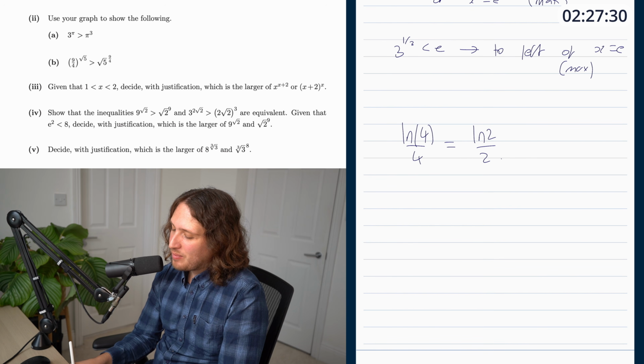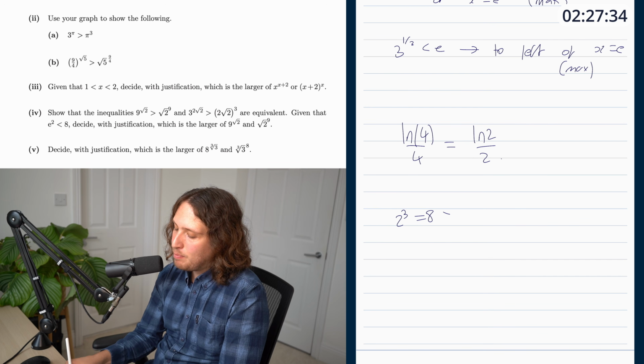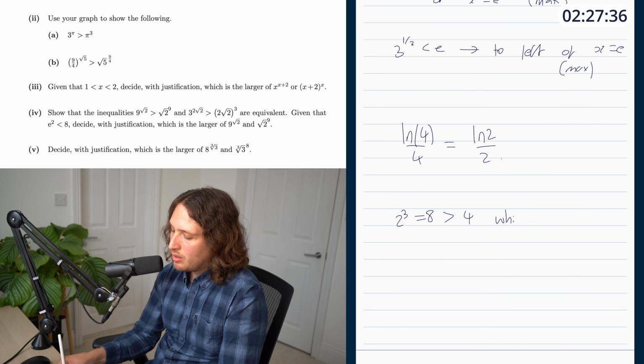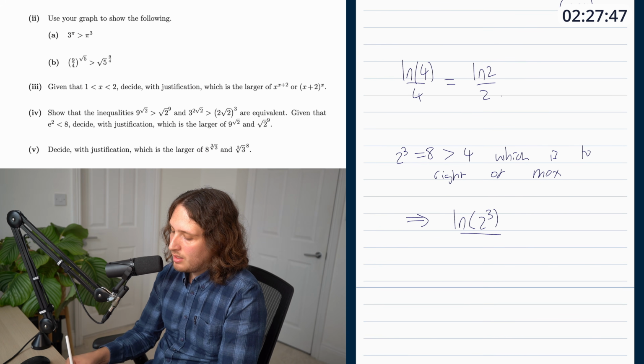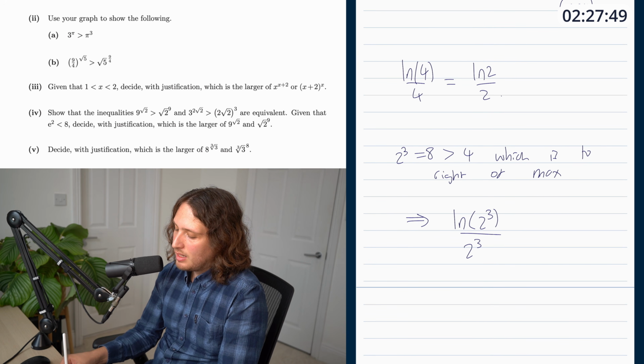I know that 2 cubed is bigger than 4, which is to the right of the max. So that means that ln of 2 cubed over 2 cubed is smaller than ln 4 over 4.